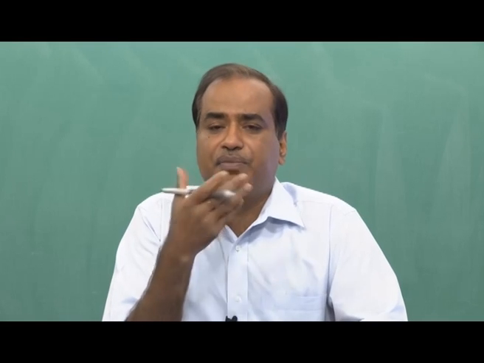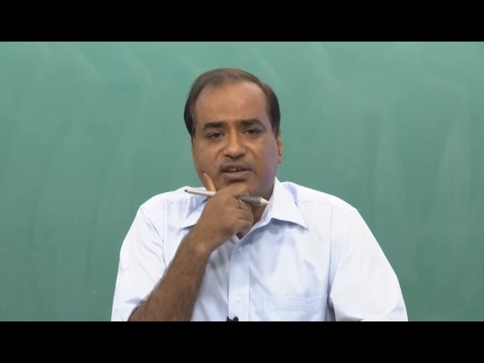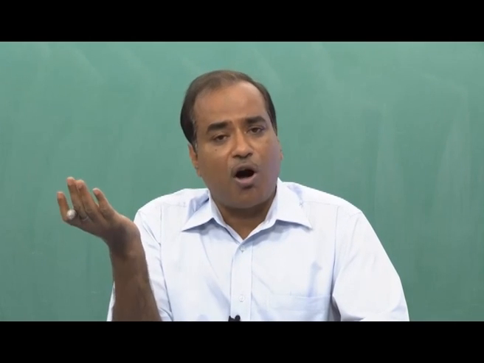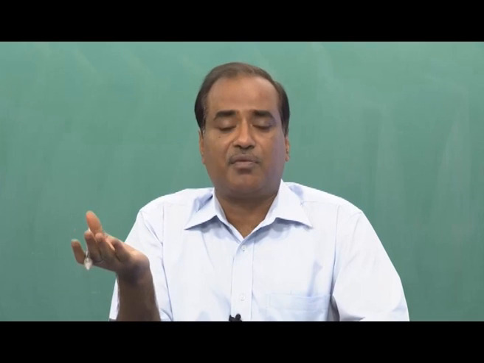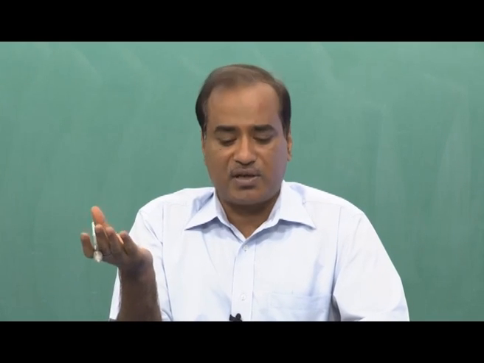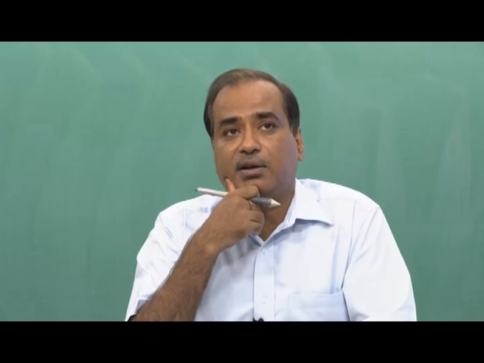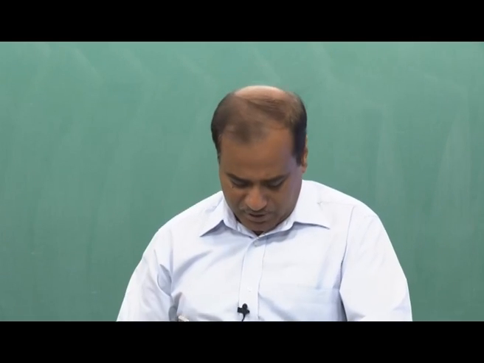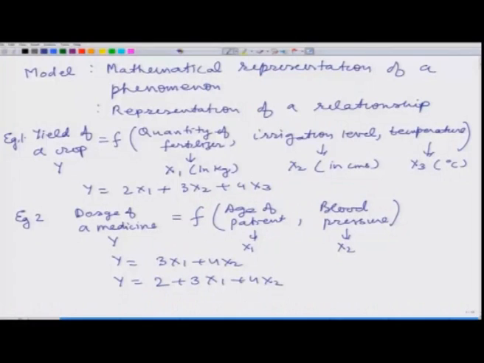In a very simple sense, I can say a good model will be a model which incorporates all salient features of the phenomena. For example, in the model for yield of a crop, this depends on quantity of fertilizer, irrigation level and temperature.